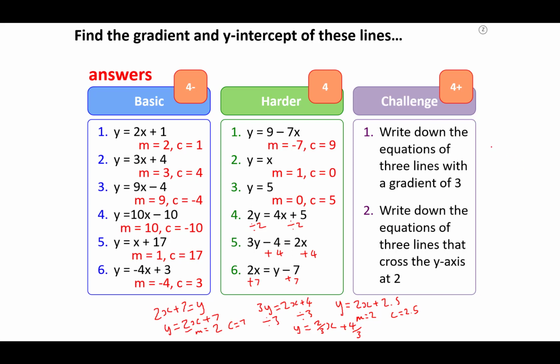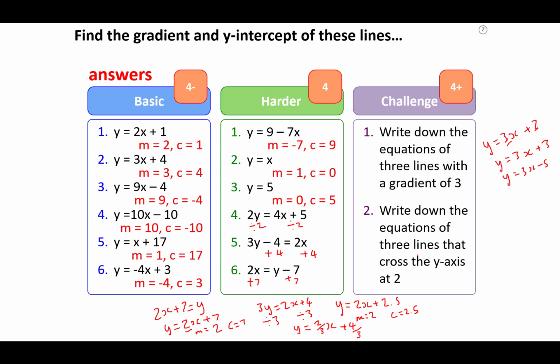Parallel lines have the same gradient, guys, so all we need to do is substitute that in. That's a 3 for m, plus 2, that is valid. Or a different line, well, this would be a different line, plus 3. Any different number here will create a different line.